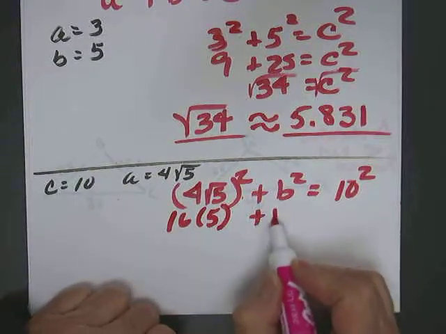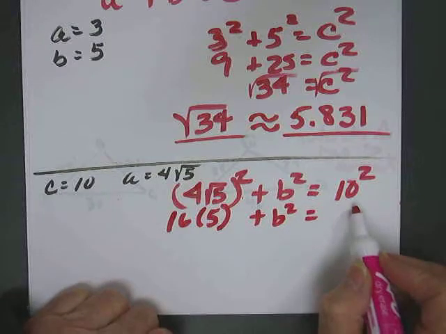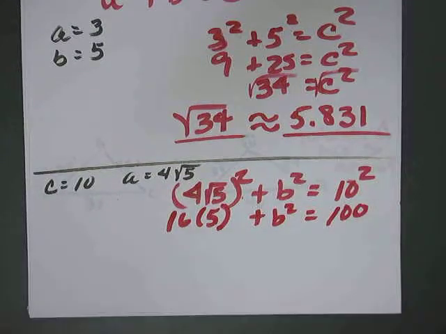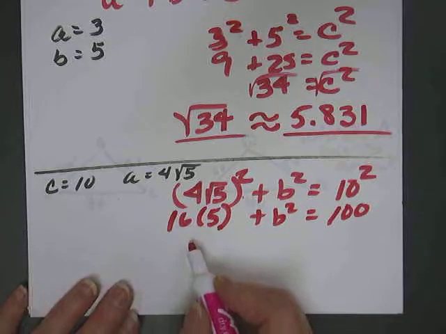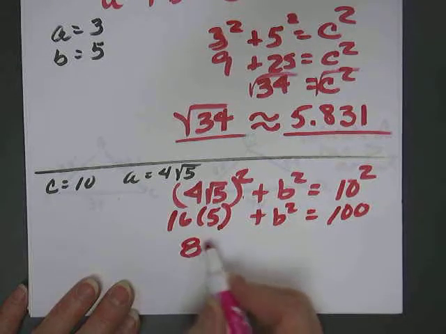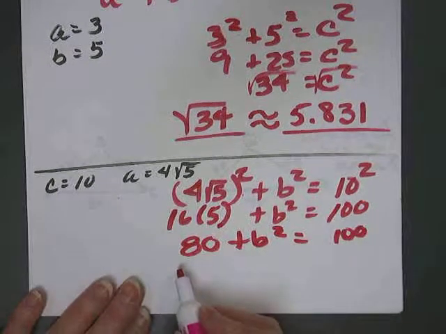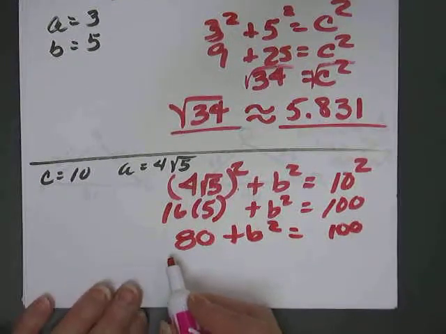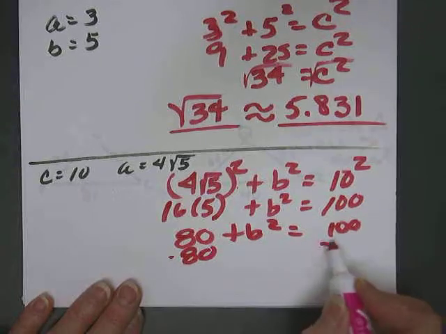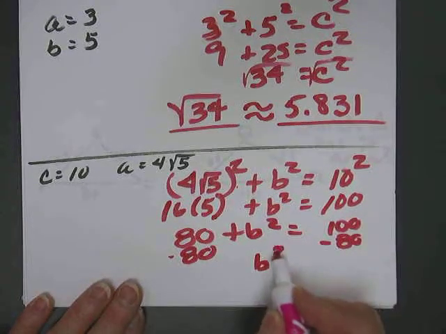Square root of 5 squared is 5. 10 times 10 is 100. 16 times 5 is 80. And then we do what? Subtract 80.